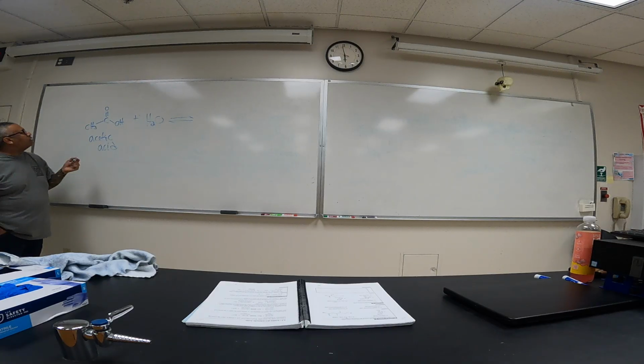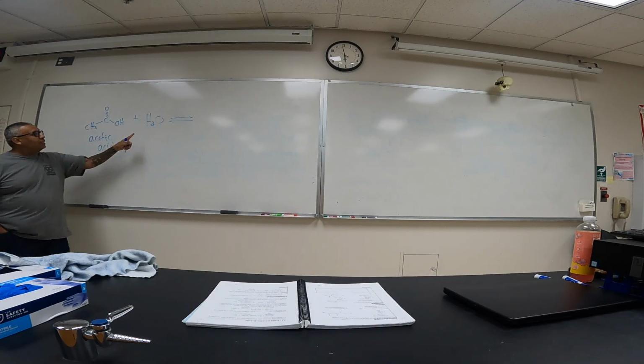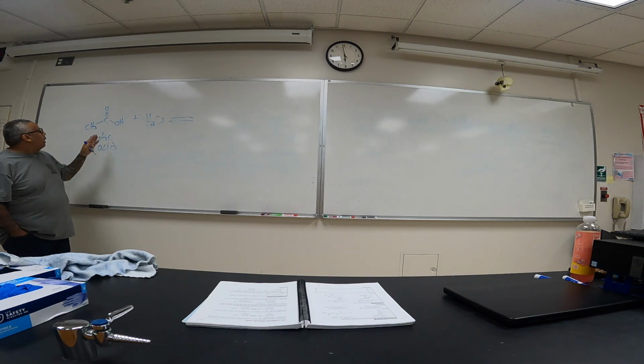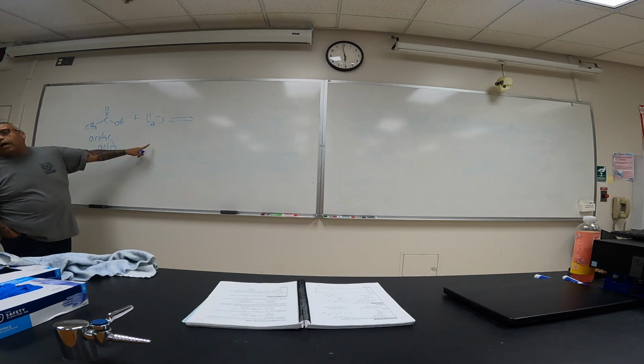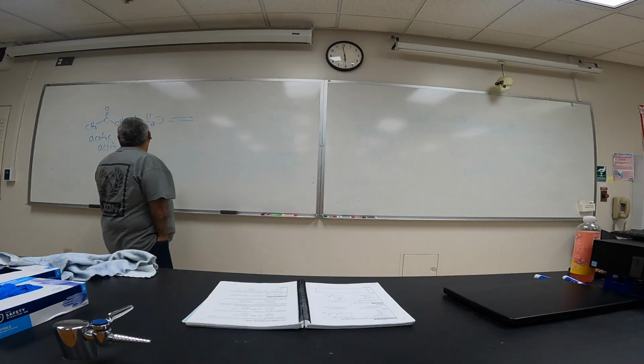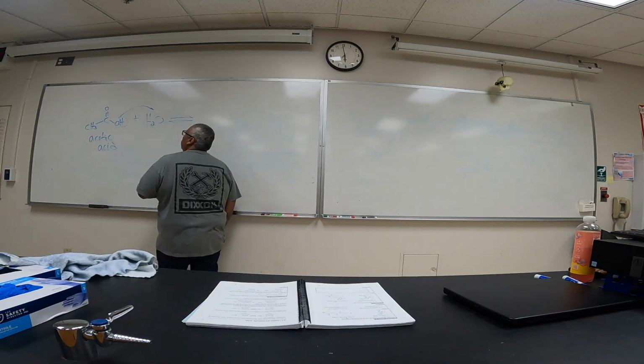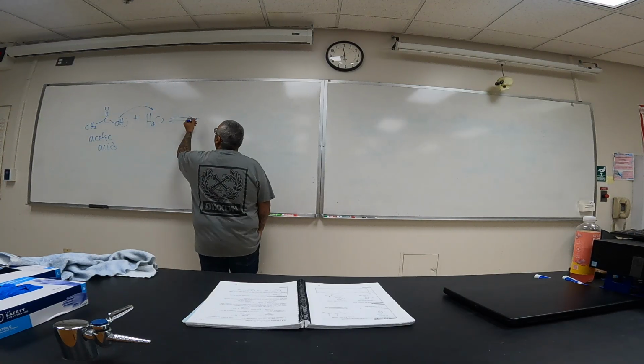So acetic acid, we're going to put it in some water. It's going to ionize. If this is my acid, then this must act as my base. It's not a base, but it's going to act as our base. Hydrogen proton donor, hydrogen proton acceptor. This is going to take this hydrogen here, and it's going to donate that hydrogen.